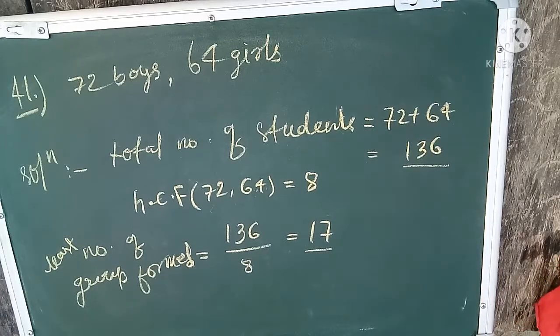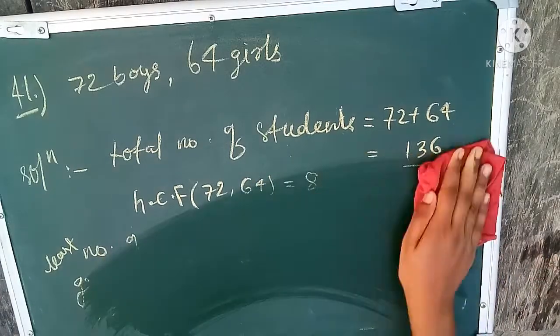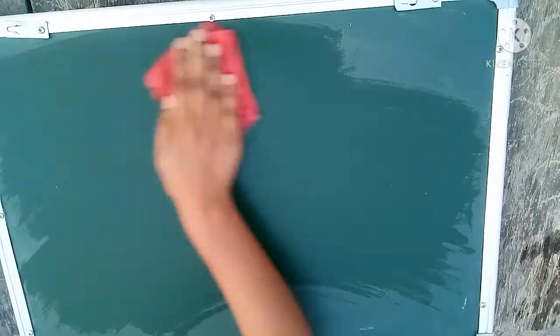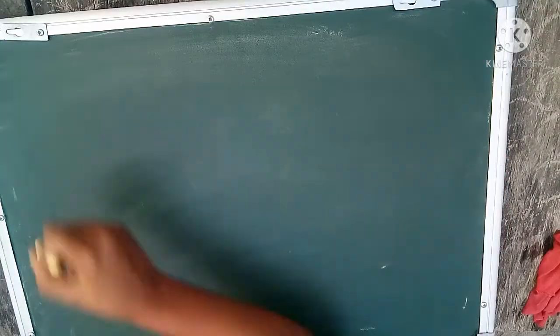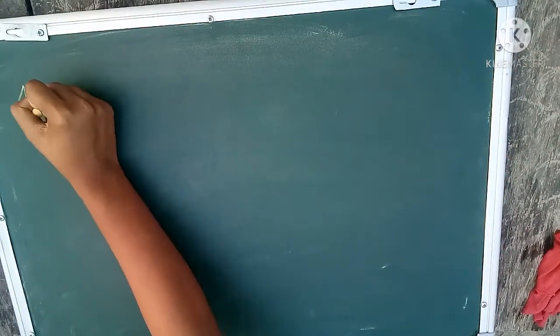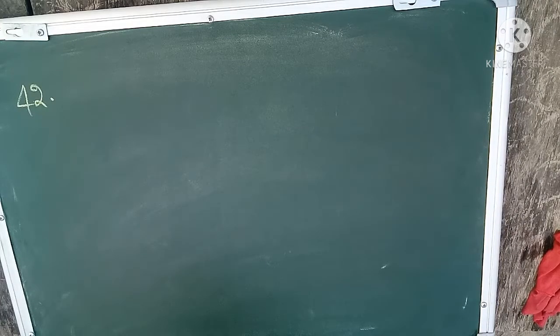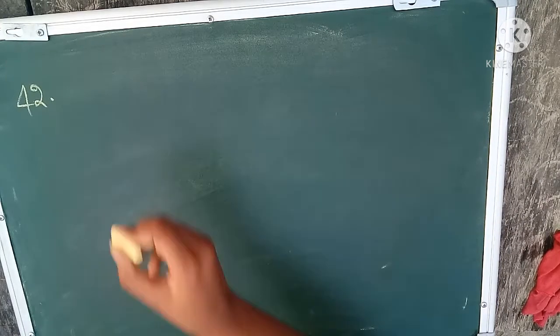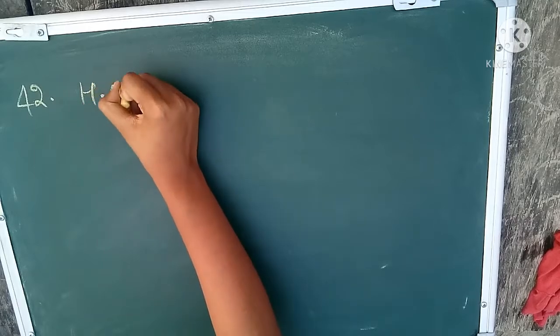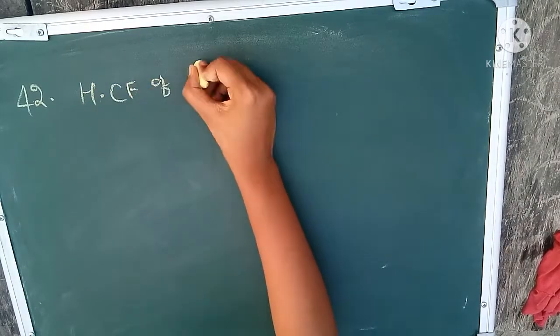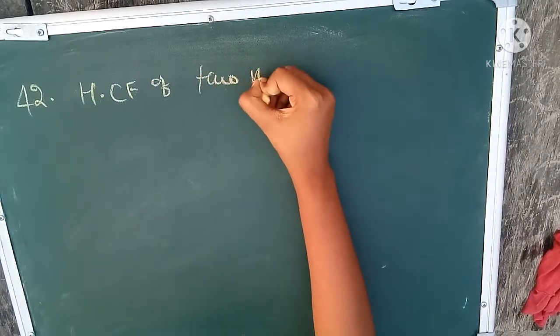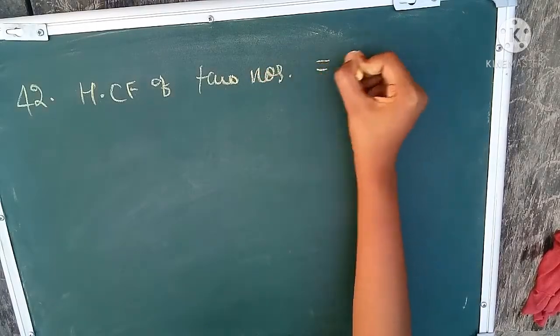The next question is question number 42. It says that the HCF of two numbers, obtained in the three steps of division, is 7. The HCF of the two numbers is equal to 7.